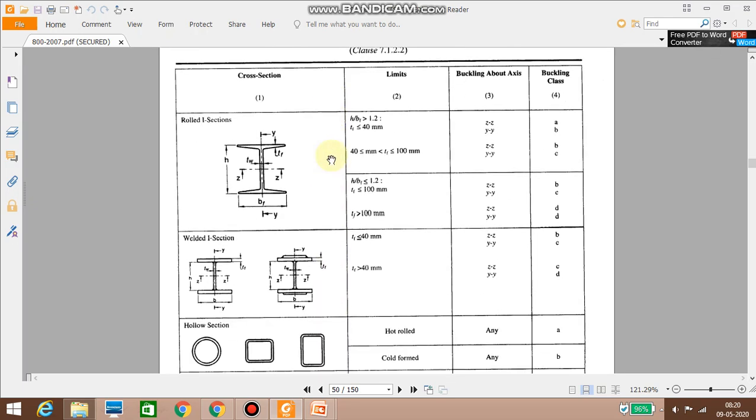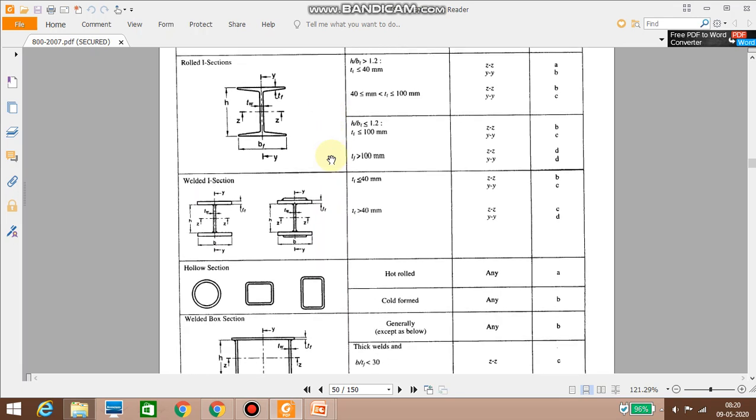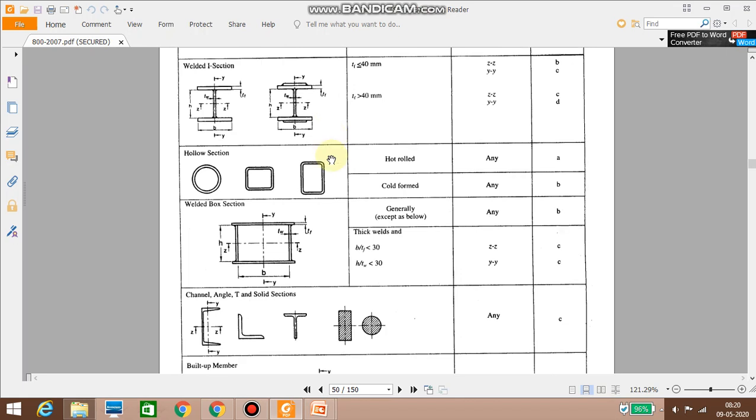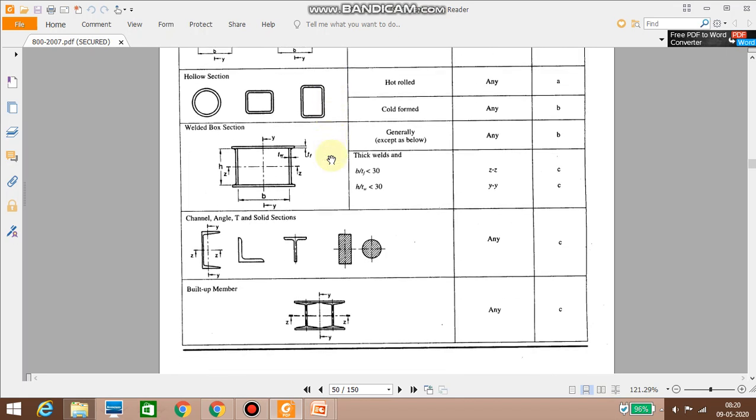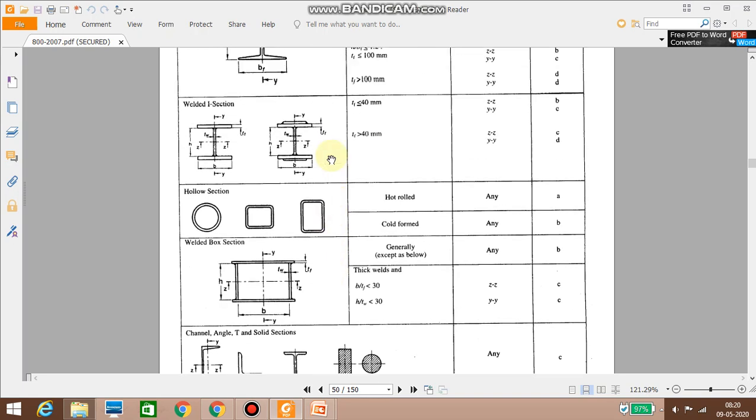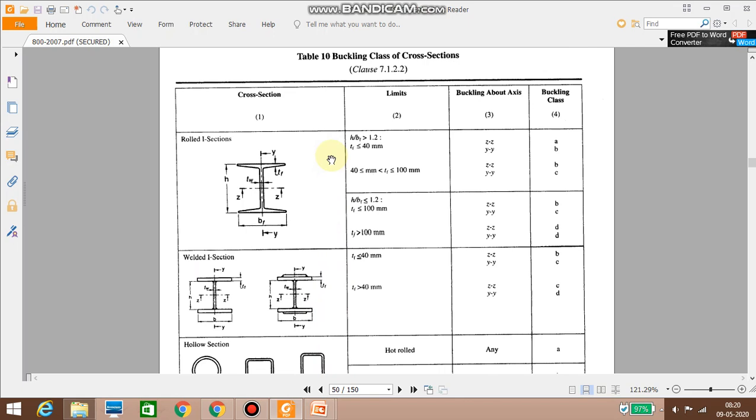Here various types of sections are given, like rolled steel I sections, welded I sections, then hollow sections, welded box sections, and channel, angle, T section, solid section or built up member. They have also given the limits. Depending upon these limits, we have the buckling classes like A, B, C. Then buckling class D is also there depending on various limits.